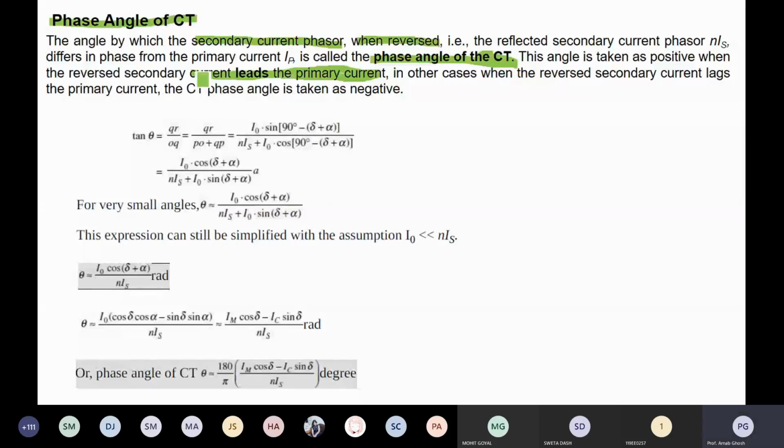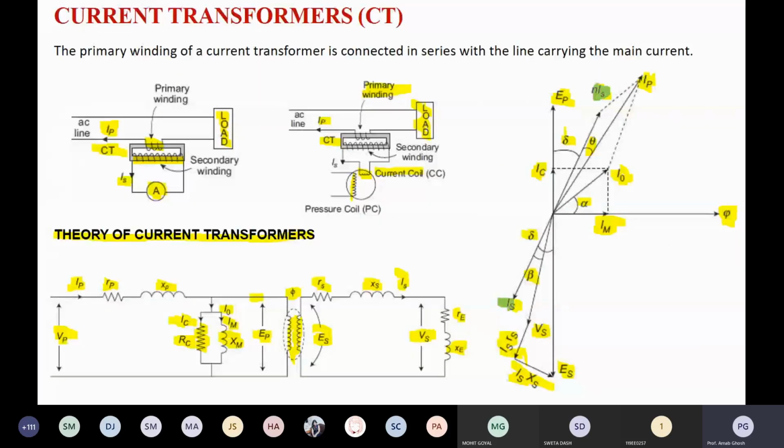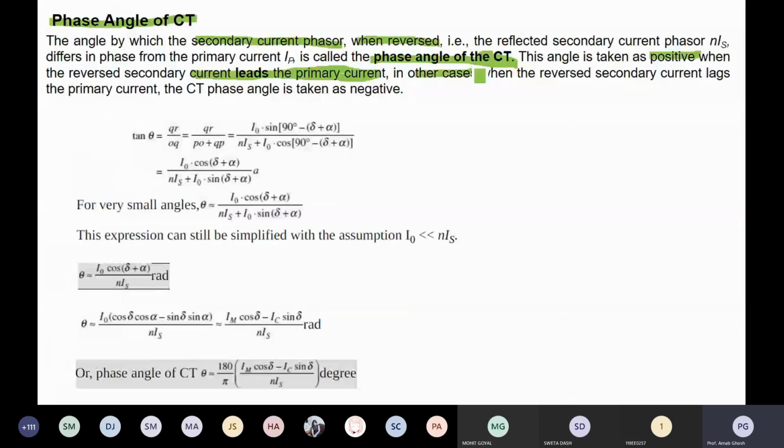This angle is taken as positive when the reverse secondary current leads the primary current. In the other case, when the reverse secondary current lags the primary current, the CT phase angle is taken as negative. The lagging condition arises if the load is different. Here you can see it is a lagging power factor load, because IS is lagging VS by angle beta.